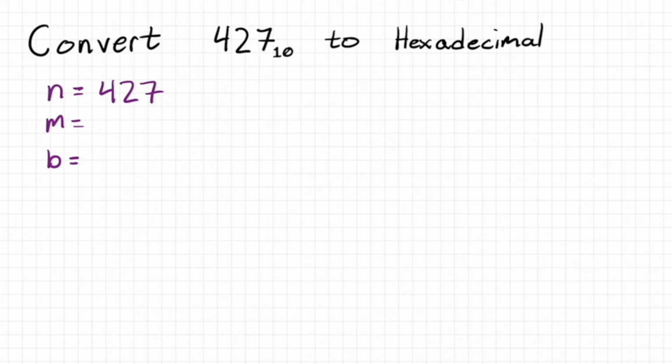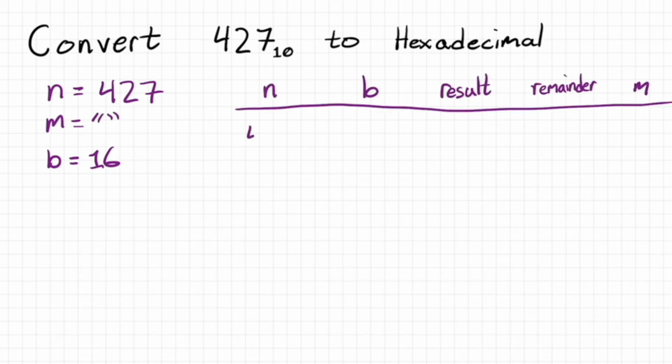M, which for now is going to be an empty string or nothing. And at the end of this, M will be our converted number, and B, which is the base we want to convert to. And then we can start converting just as we did in the previous video, but this time in base 16. So we have N, which currently is 427, and we have B, which we are going to divide N by, and B is going to be 16.